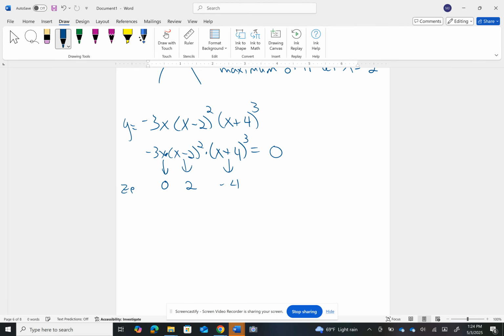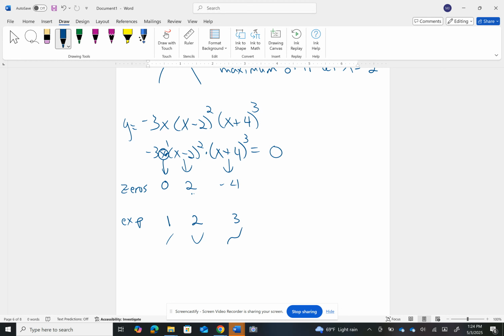Those are the zeros. Now what you want to do is pay attention to the exponent on those zeros. So the x is just to the first power. The factor associated with a 0 of 2 has an exponent of 2. And then the factor x plus 4 has an exponent of 3. So this is going to pass through like a line. This one's going to touch and turn, and this one's going to pass through like a cubic.